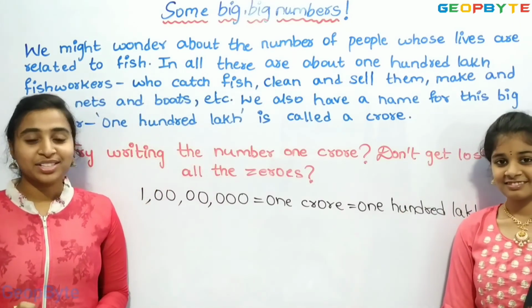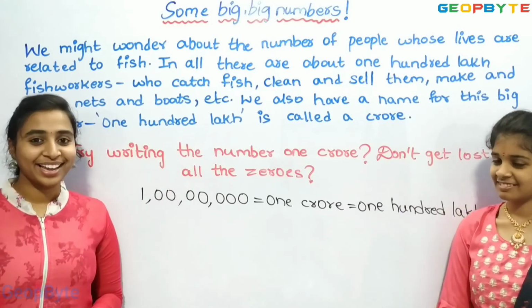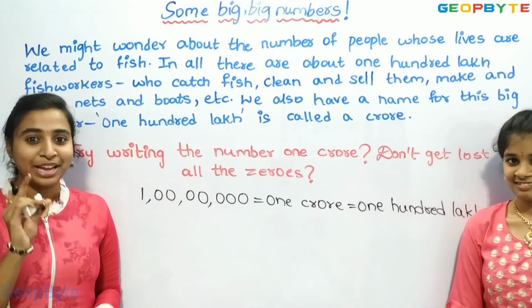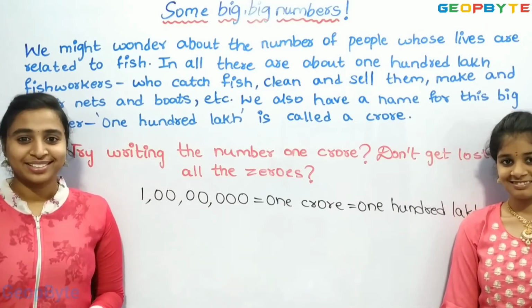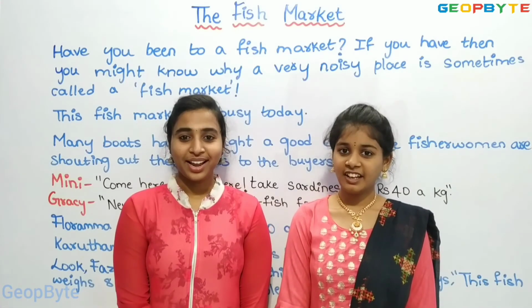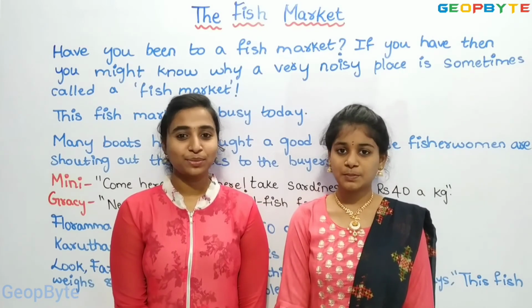If you get lost in zeros sometimes, remember 100 lakh. Immediately, you will be able to write the correct number of zeros. Now, let us get into the topic, the fish market.